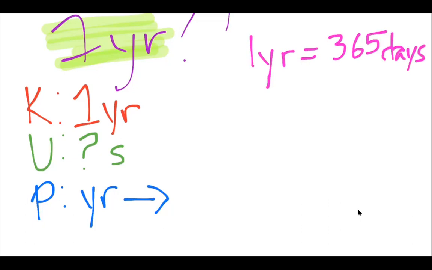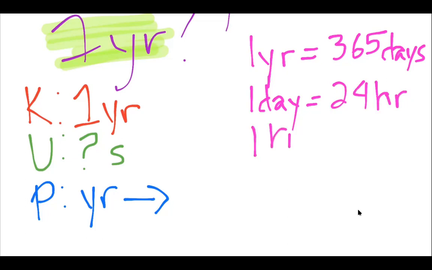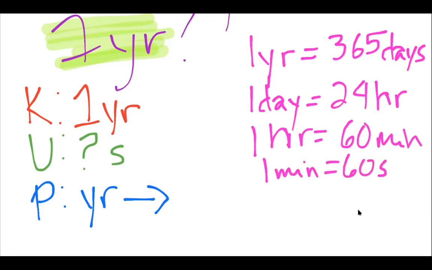That's why every 4 years we have a leap year to make up for that day. 1 day is 24 hours. 1 hour is 60 minutes. And 1 minute is 60 seconds. So these are the common time conversion factors that you guys have on Canvas.